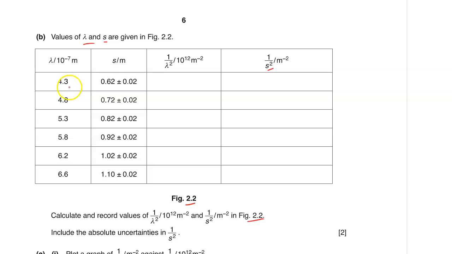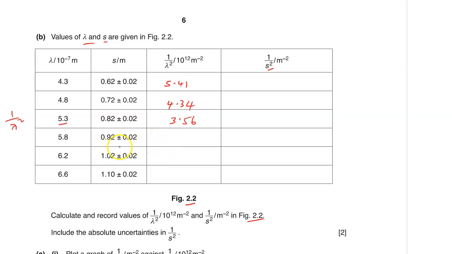Of course, when you do that, these are the values that you're going to be getting. 5.41. This one will give you 4.34. This one, of course, you're going to do 1, then you square it. The bigger the number, the smaller the value of the reciprocal.